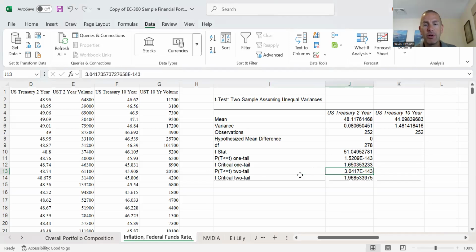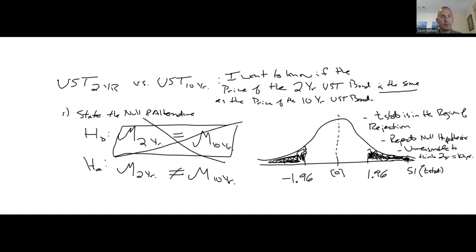I'm going to write that over on the whiteboard. So P is equal to 3.04 times 10 to the negative 143rd power. That's what P is.